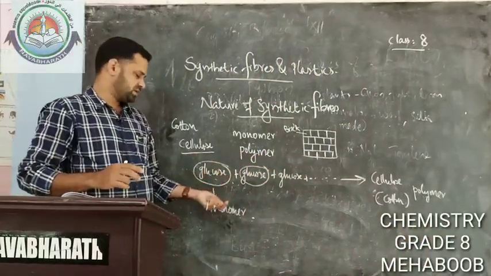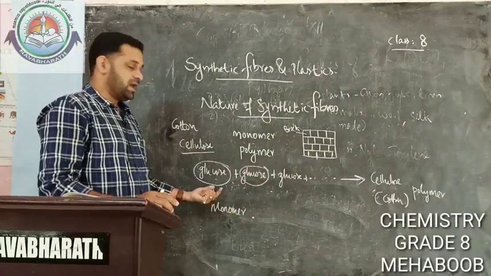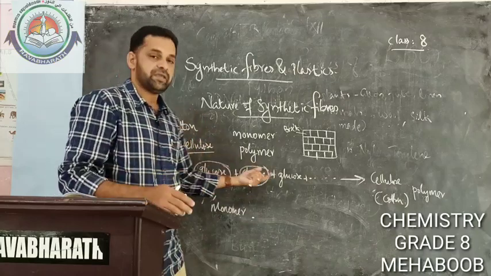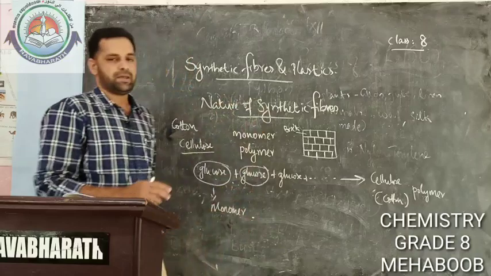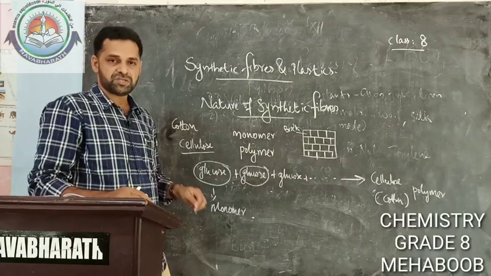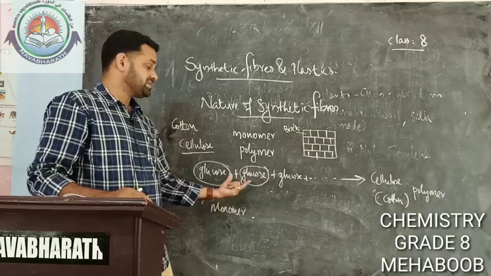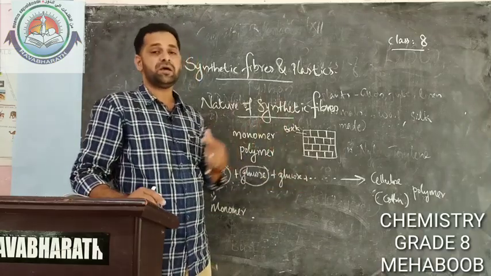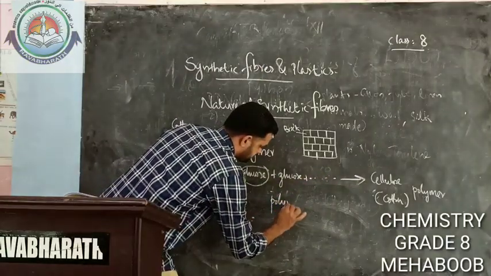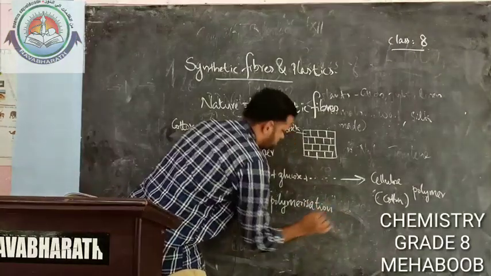I hope you understood what is a monomer and what is a polymer. A polymer is made up of a large number of monomer units joined end to end by chemical bonds. The process of formation of a polymer by combining a large number of monomer units is called polymerization.